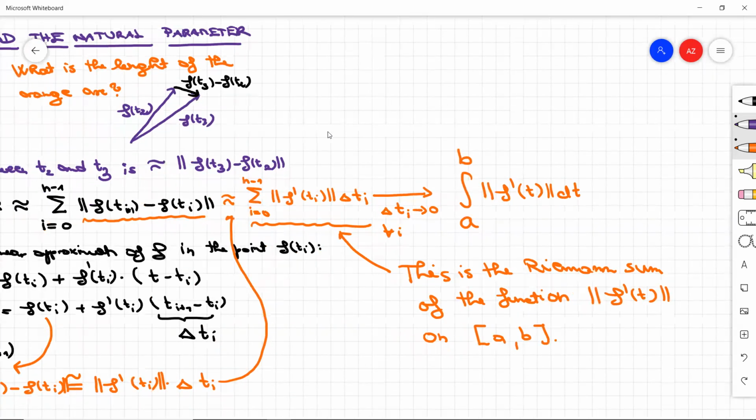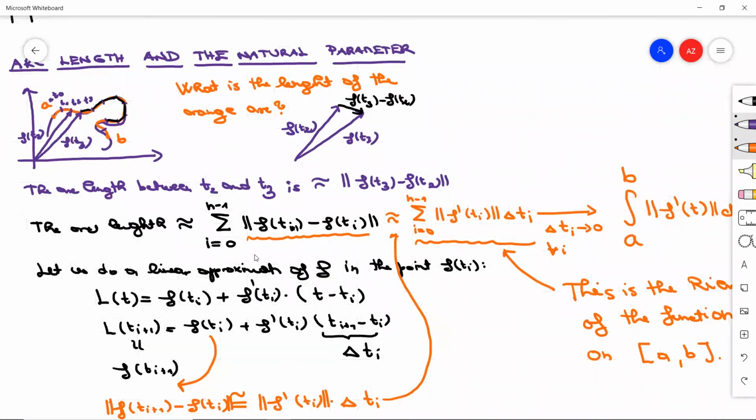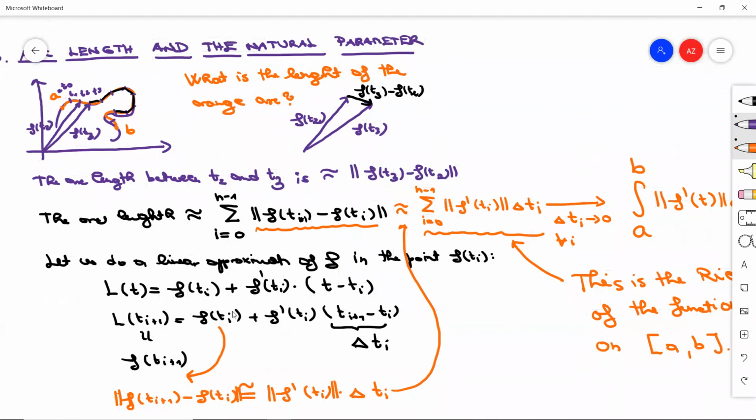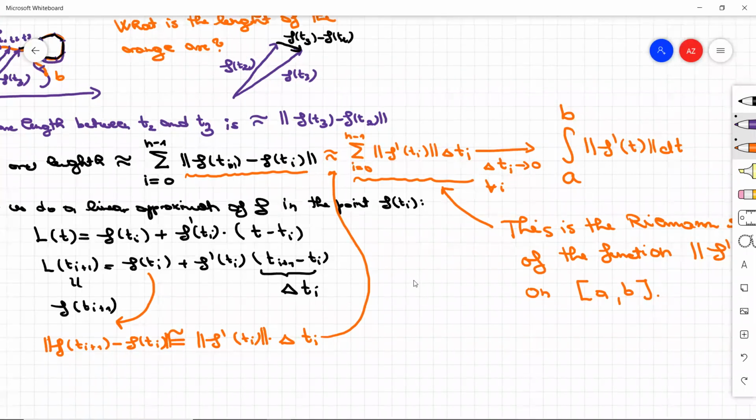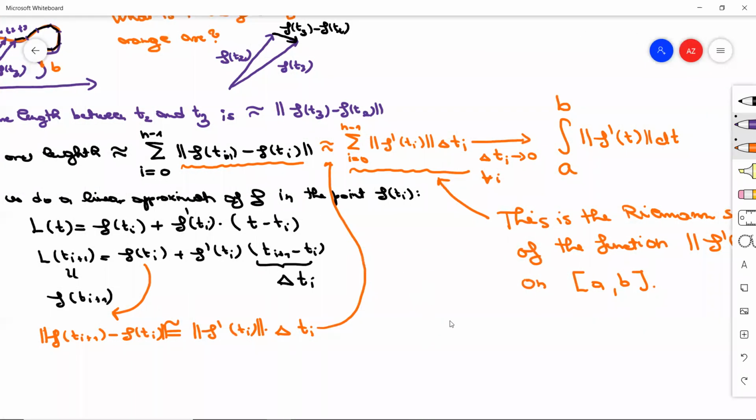When t_{i+1} minus t_i is small enough, this linear approximation will be exactly the distance, so exactly the arc length. In the limit, it's the proper quantity which measures the length of the arc. So this is the arc length.